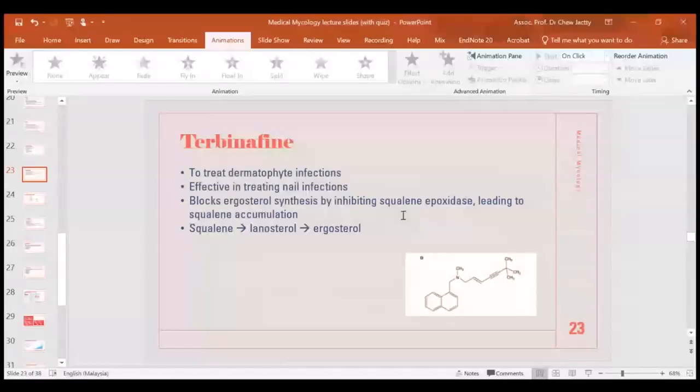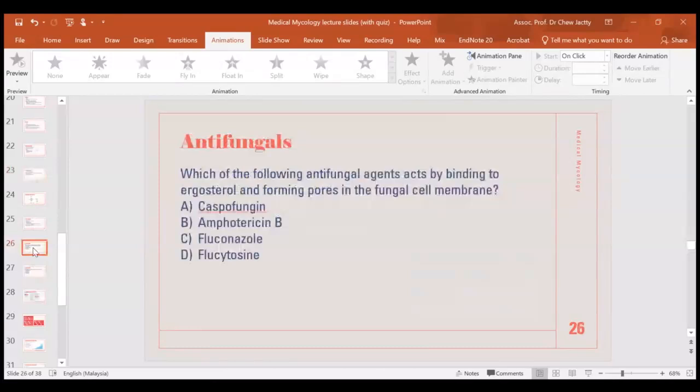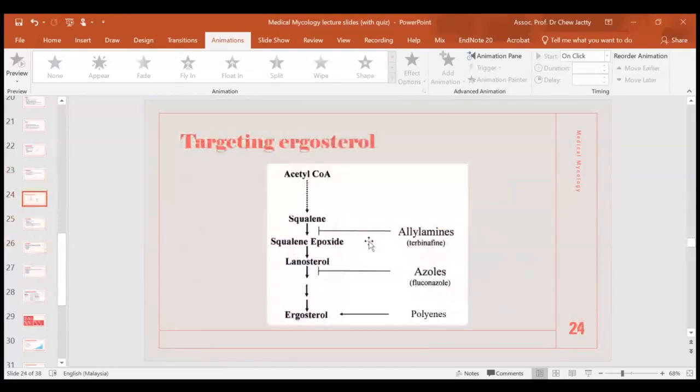By inhibiting this enzyme, it leads to squalene accumulation. Squalene is actually required to form lanosterol and later transform into ergosterol. So the mechanisms of action of these drugs affect different steps of ergosterol synthesis. So here: terbinafine, azoles, and polyenes.